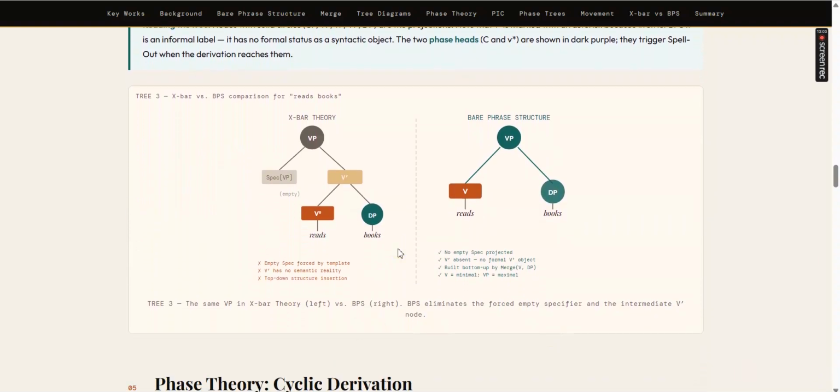Here is a simple example to show the difference between X-bar theory and bare phrase structure. VP was here: reads books. It is DP, then V bar, here it is V reads, then VP, here will be the specifier position.